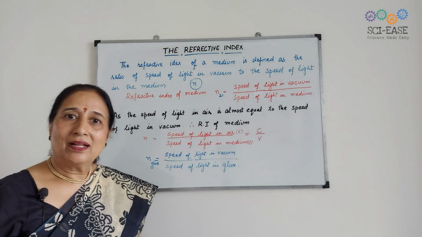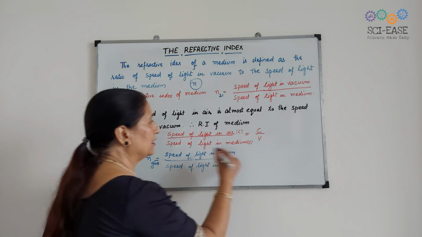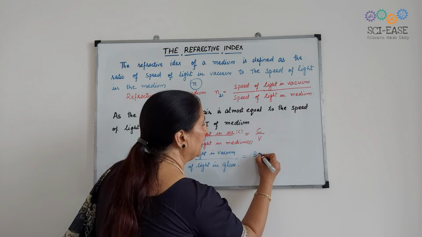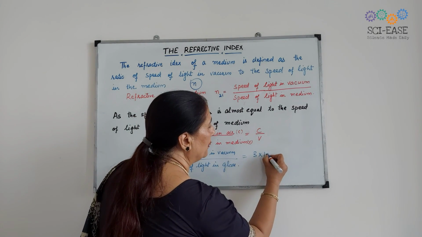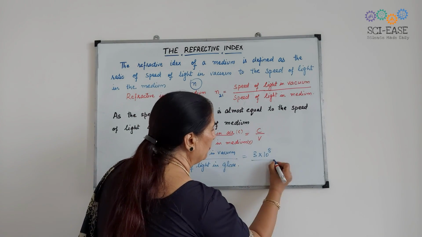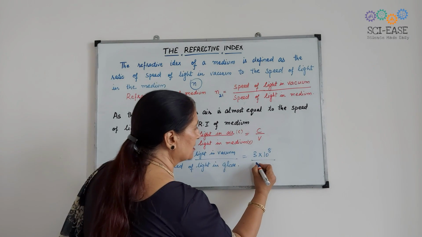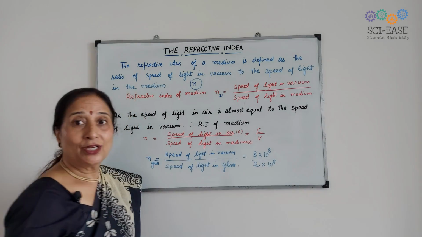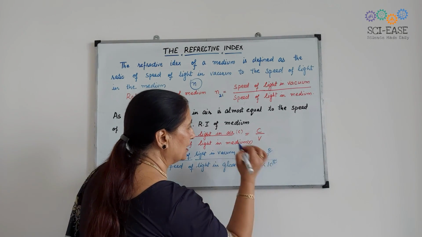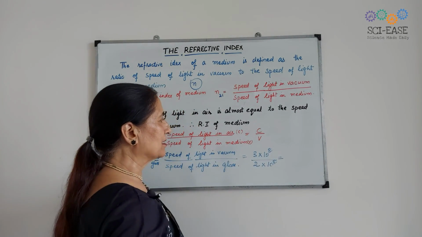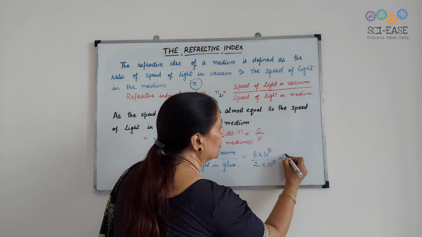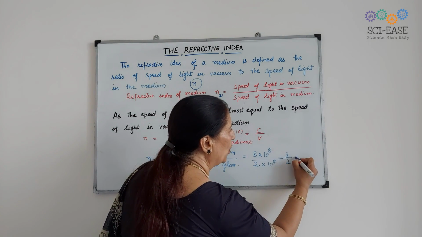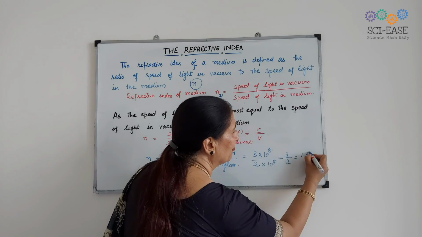Here this is 3 into 10 to the power 8 over the speed of light in glass, which is 2 into 10 to the power 8. So this we will cut, and what will be the answer? It is 3 by 2, which is equal to 1.5.